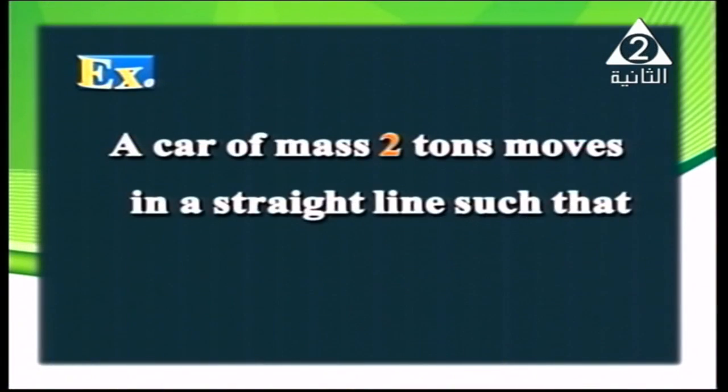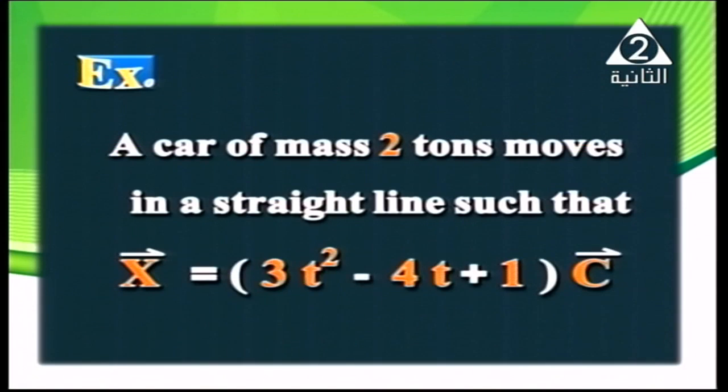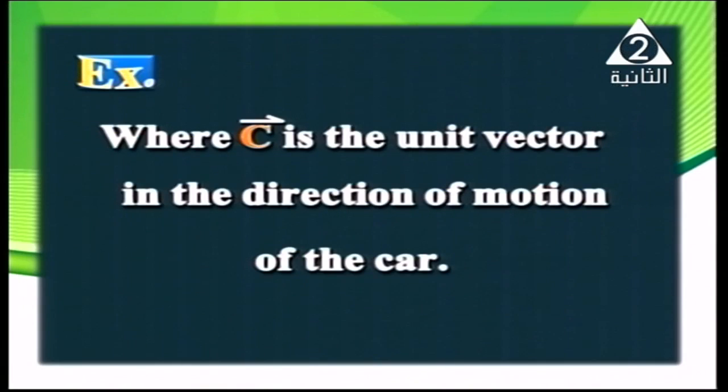Another example. My dear student, we have a car of mass 2 tons that moves in a straight line such that x, the displacement, is a function of t: x equals 3t squared minus 4t plus 1, times c vector, where c is a unit vector in the direction of motion of this car.